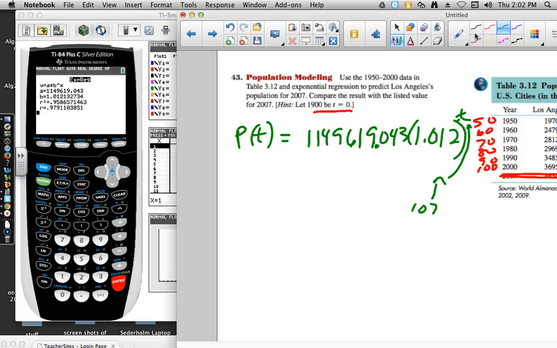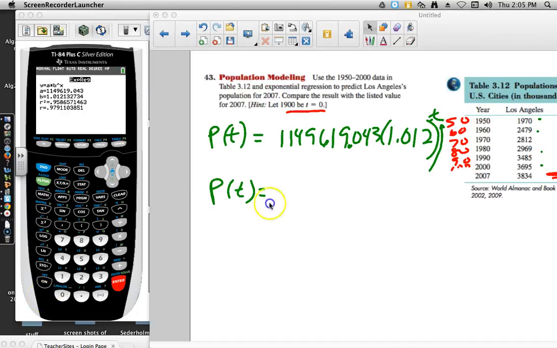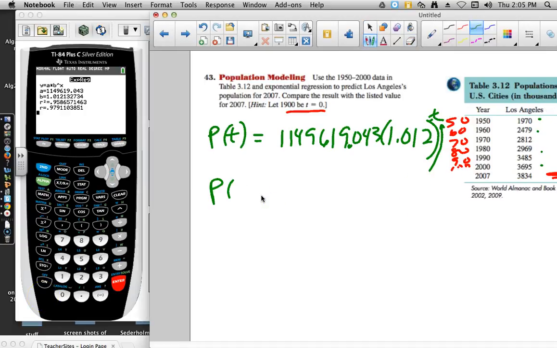So it would be 114961.043 times 1.012 to the 107th power. When we get that all in and take a look at P of 107, we see that it is 4119730.313.